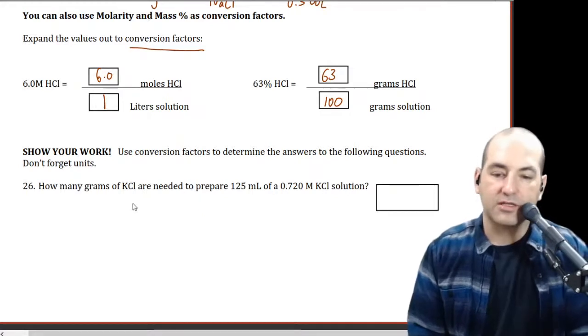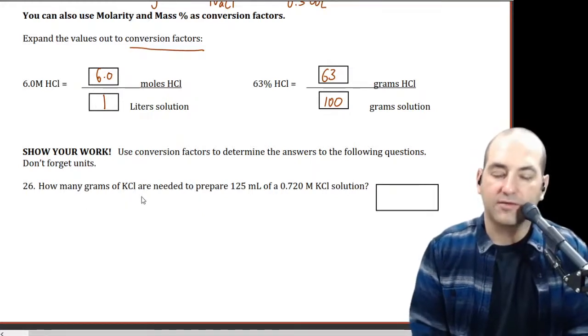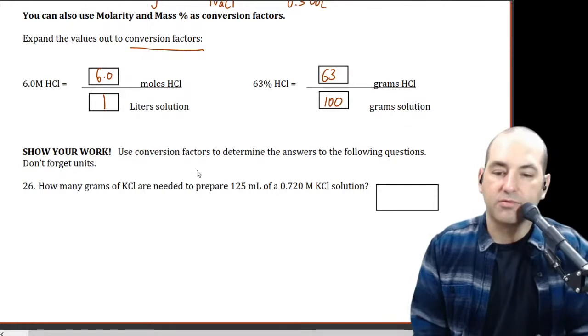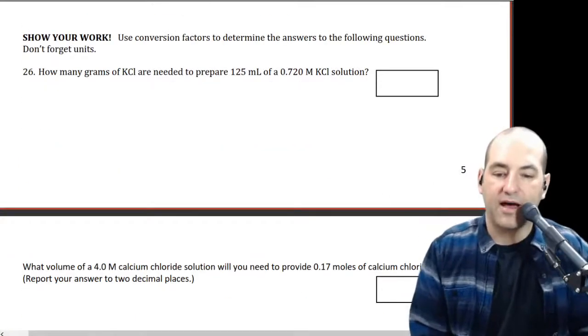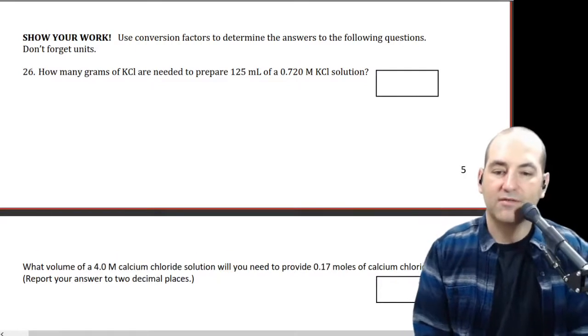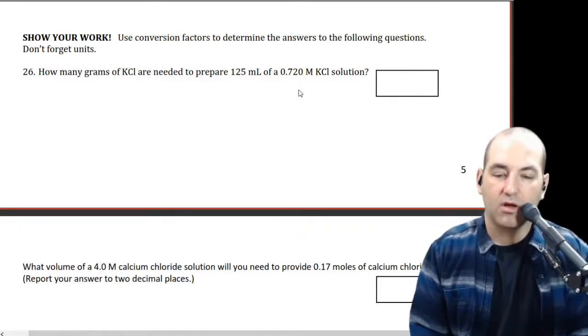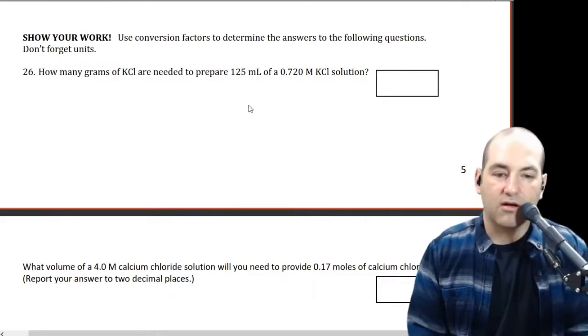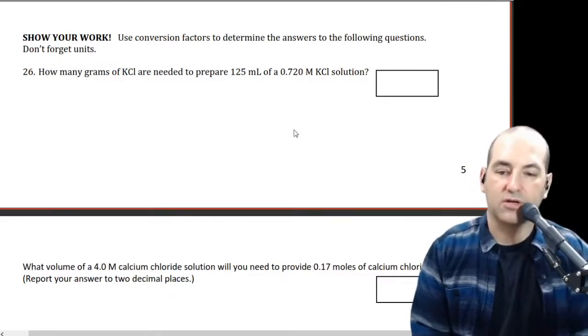So here's an example of that. How many grams of KCl are needed to prepare 125 milliliters of a 0.720 molar KCl solution? So this sounds tricky, but this is really a conversion problem.